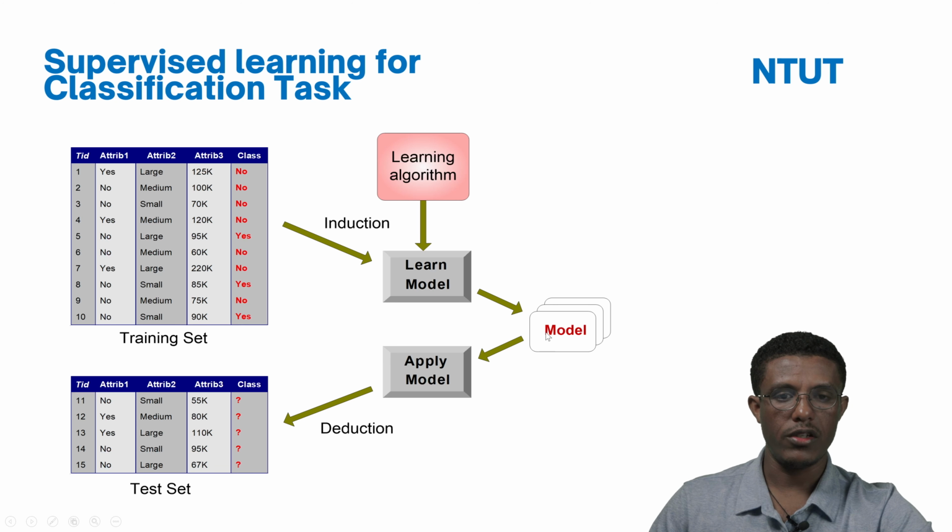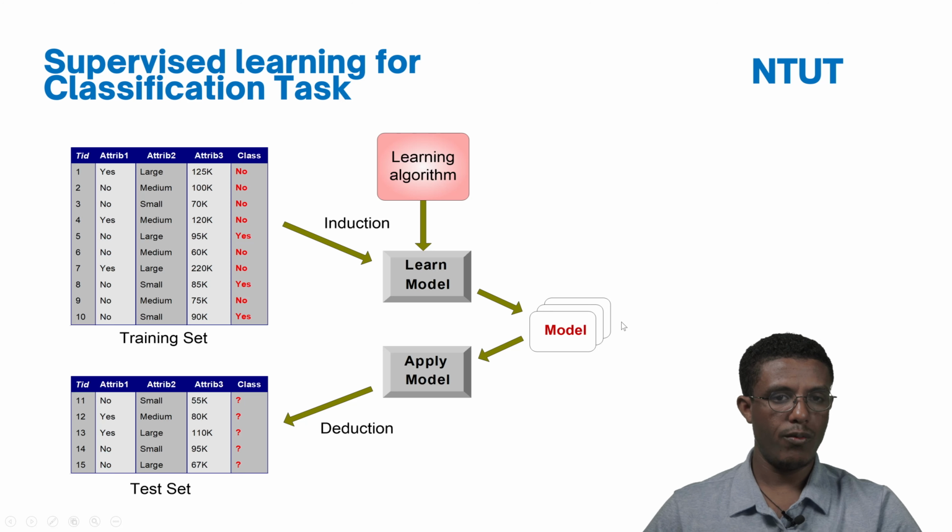Finally we have a model. That means by using this data, the model learns and understands the relationship between the attributes and the final outputs. That means finally we have a trained model, which is ready to predict. When we give the test data, it automatically predicts the class.